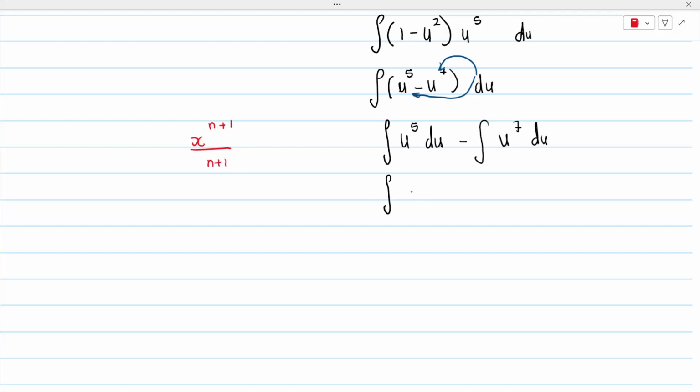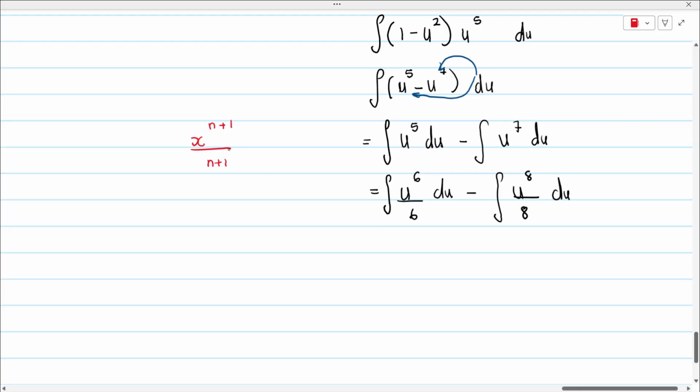So u exponent 5 plus 1 is 6, divided by 6, and then let me rewrite du, minus integrating u exponent 7, plus 1 is 8, divided by 8, and then I write my du.